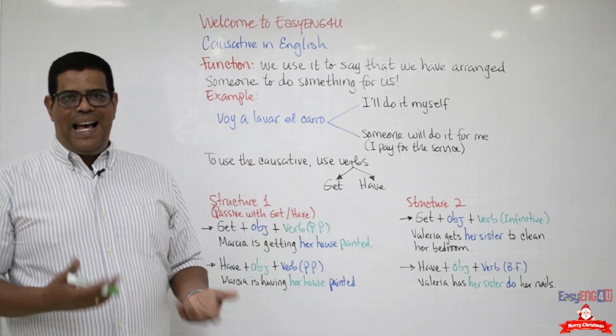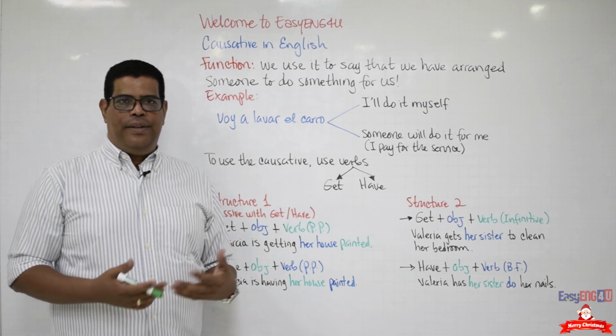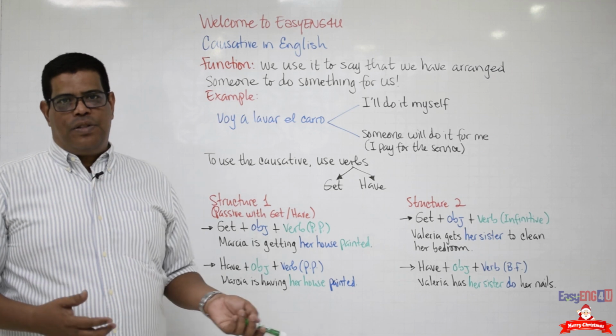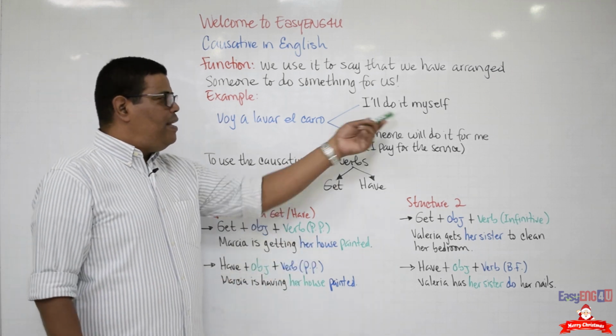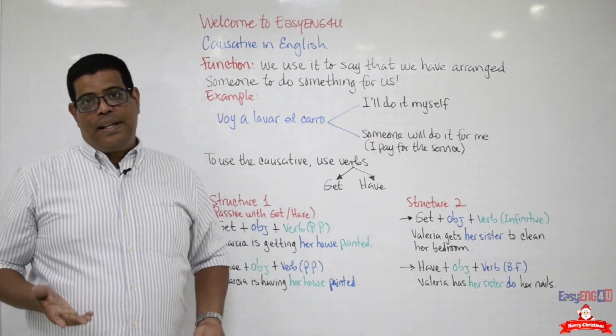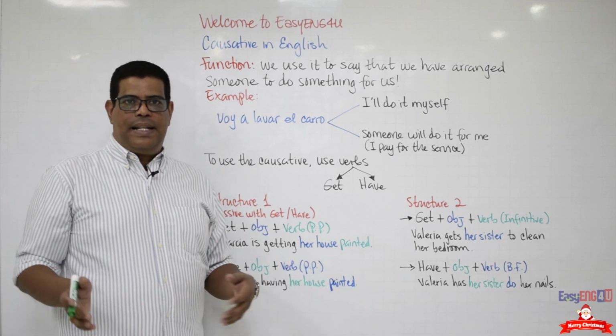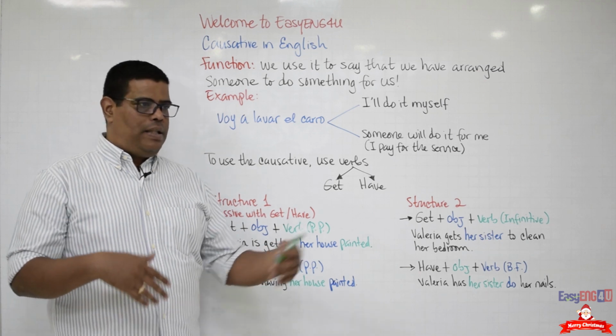Two things can happen when you say in Spanish the sentence "voy a lavar el carro." There are two implications. Implication number one is that I'll do it myself, okay? It means that I'm going to take the car outside and wash it.